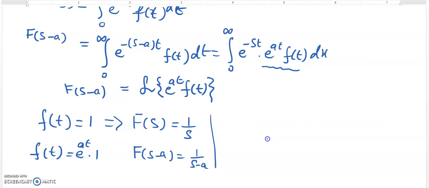So similarly we can apply this technique for deriving functions like this.